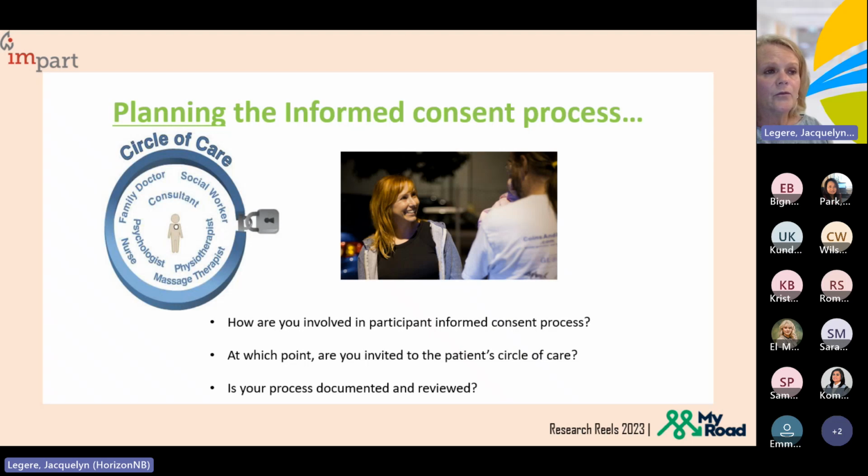Can the research assistant or research nurse contact you to talk to you about the study, yes or no? So there are ways to get around that. I'm also looking to ensure that the processes we use are compliant with privacy legislation as well.